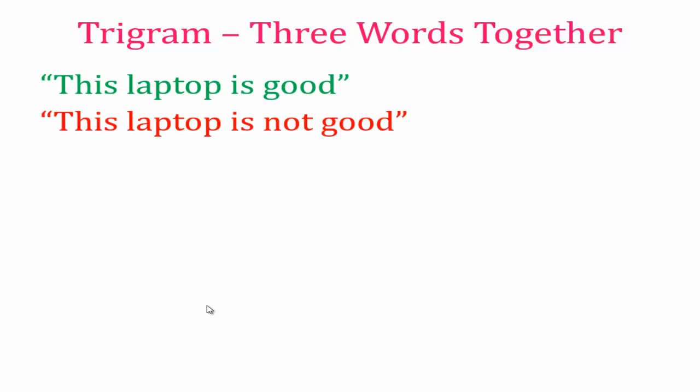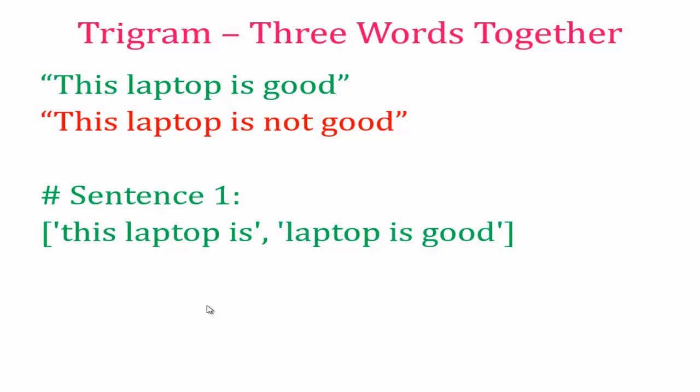Let's take the same 2 sentences again. This laptop is good and this laptop is not good. Now if we apply trigram, we split the sentences like this. As we discussed earlier, we are taking 3 words at a time from the sentence to form a trigram, and this is the trigram for our sentence 1: "this laptop is" and "laptop is good".